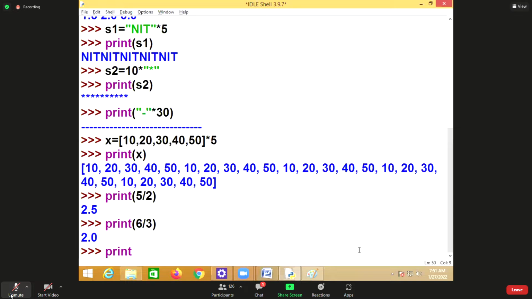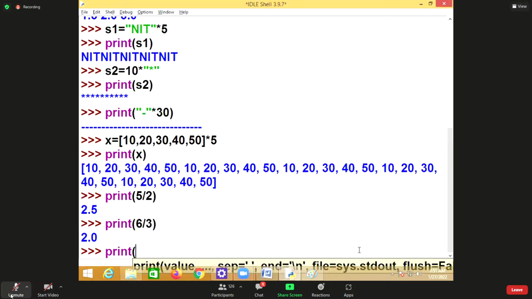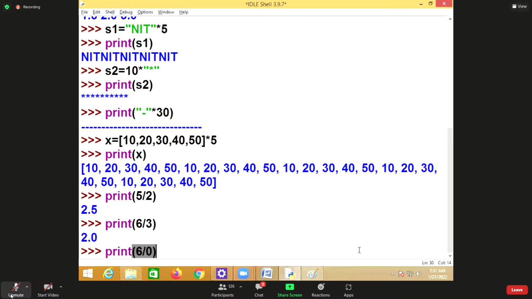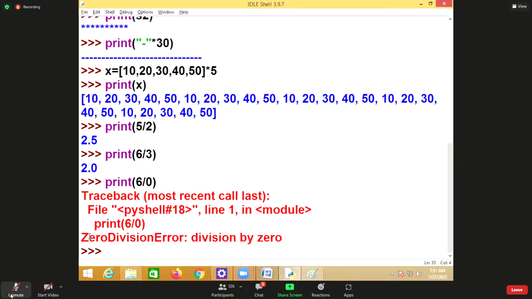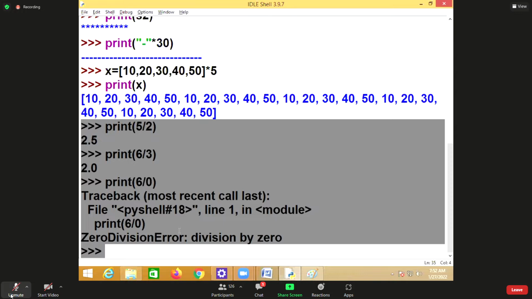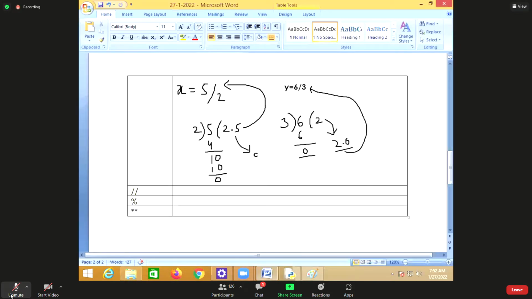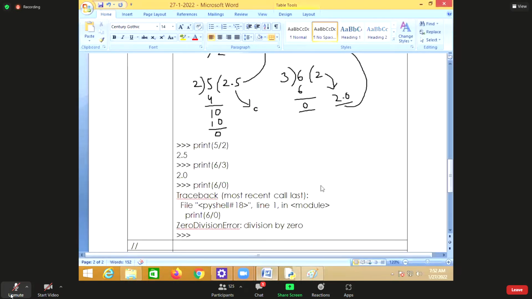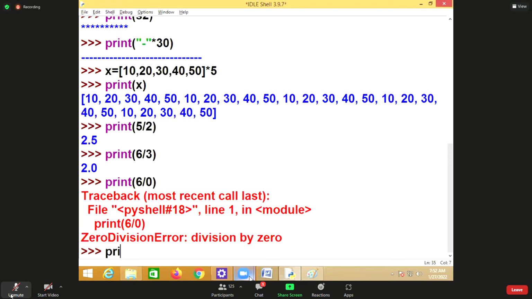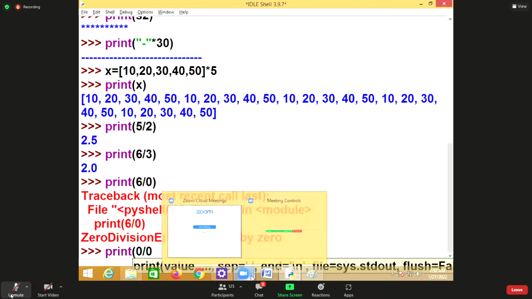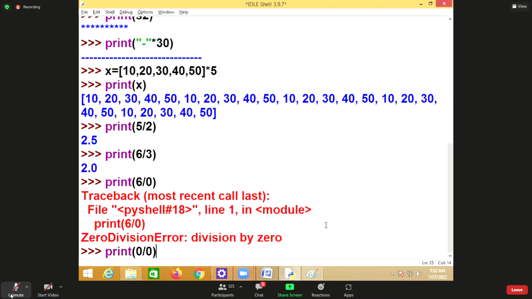But you cannot divide a number with 0. If you are trying to divide a number with 0, then you'll get a zero division error. For example, if I write print 0 divided by 0, will you get an error or not?